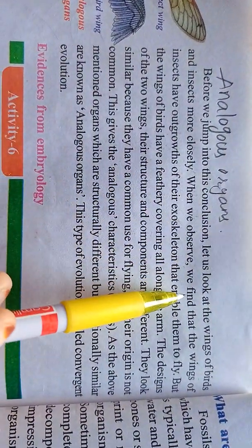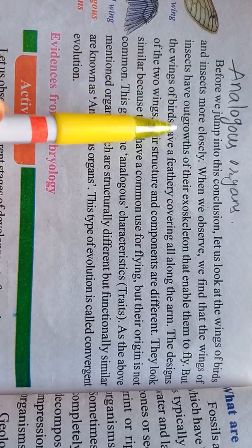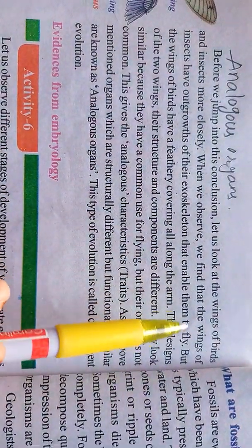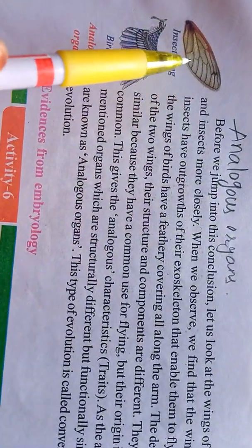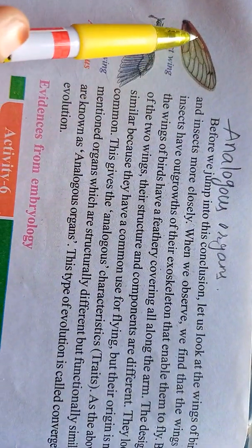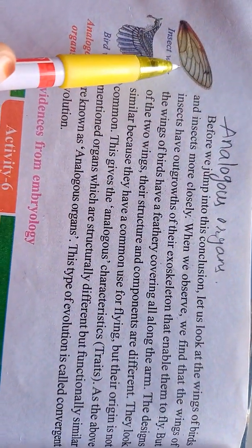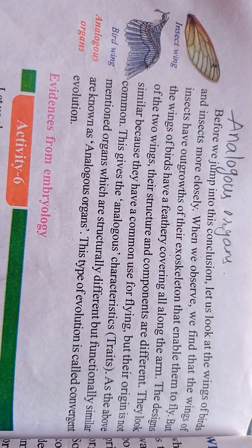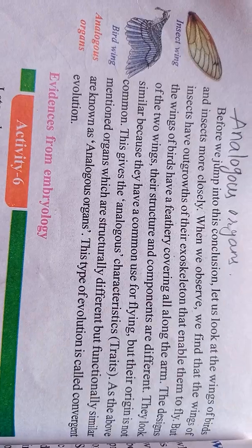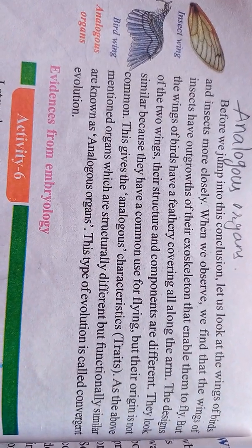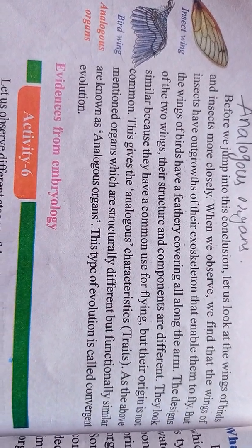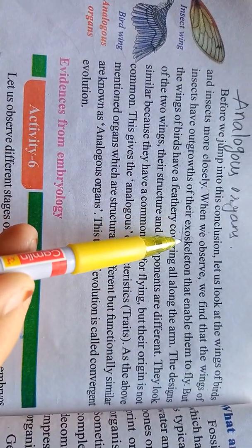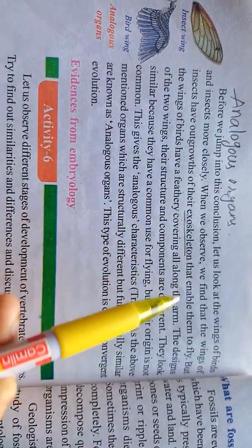When we observe, we find that the wings of insects have outer growths of their exoskeleton that enable them to fly. Because of these small external exoskeletons, insects cannot fly at high altitude. They can fly to some extent, but compared to birds, they cannot fly at the height of birds because their exoskeleton growth is not large.